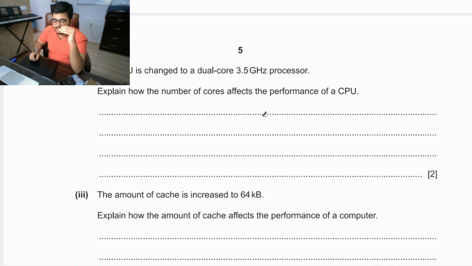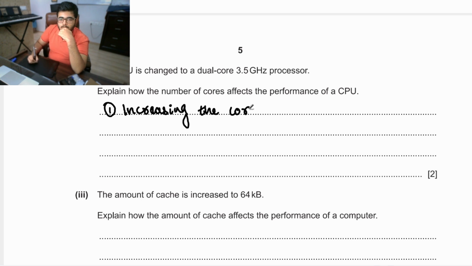So we know each core contains an ALU, CU and other components, right? So what will happen if I increase the number of cores in a CPU? First point, you will say that increasing the cores will increase performance. Why?